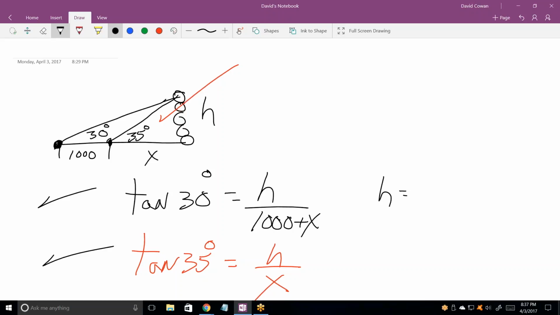Okay, make sure you're in degrees. What's the tangent of 30? 0.577. Can't understand what you're saying. What is it?